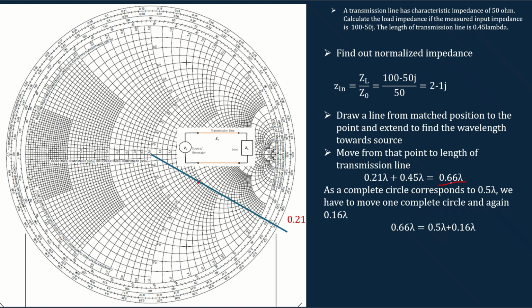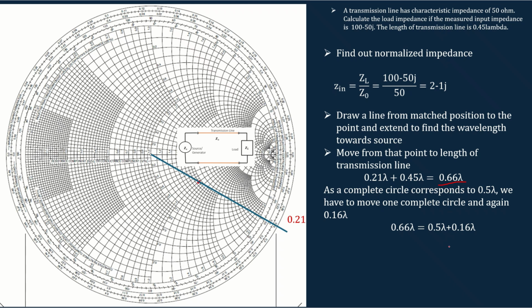Here my total is 0.66 lambda, which is greater than 0.5 lambda. If I want to extend more than 0.5 lambda, I have to go around one more time. That is what we have to do on the Smith chart.